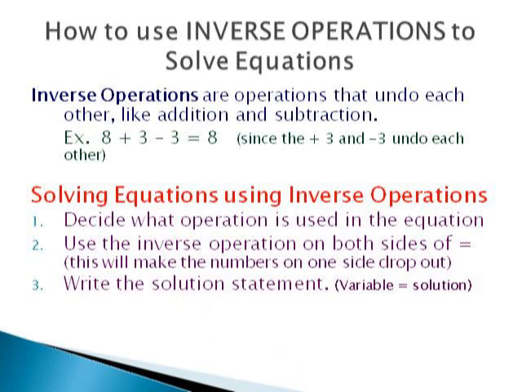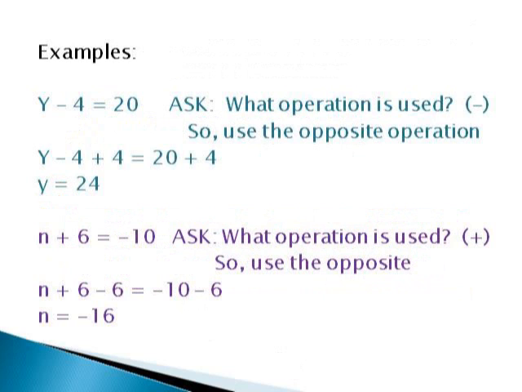So let's look at an example. If we had y minus 4 equals 20, the operation being used is subtraction. So how do we undo subtraction? We add. We're going to add whatever number is being subtracted.